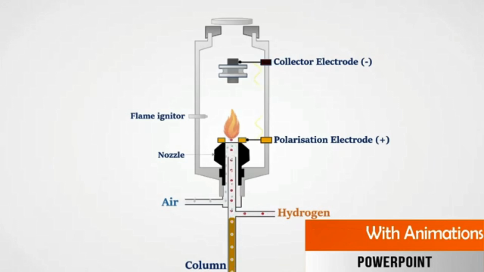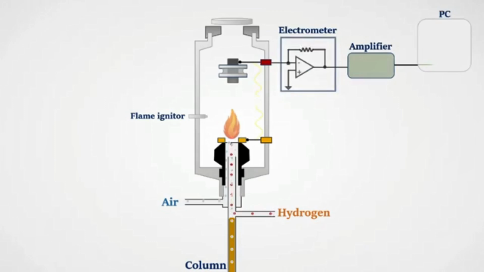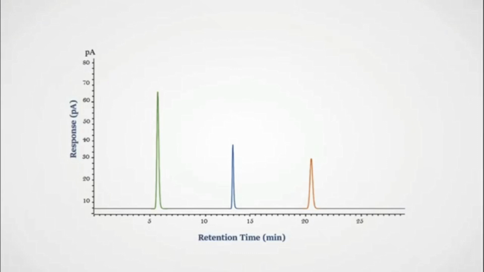This current is measured with an electrometer, amplified into proper voltage, and fed into an integrator. The manner in which the final data is displayed is based on the computer and software. The number of peaks present can indicate how many components are in the mixture. Usually, the x-axis of the gas chromatogram shows the amount of time taken for the analytes to pass through the column and reach the FID detector. Typically, the y-axis, or the area of the peak, is a reflection of the amount of a specific analyte that's present.